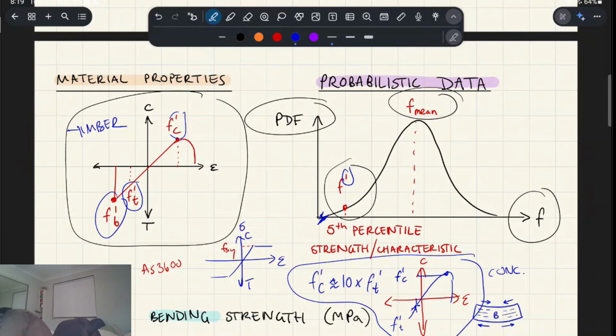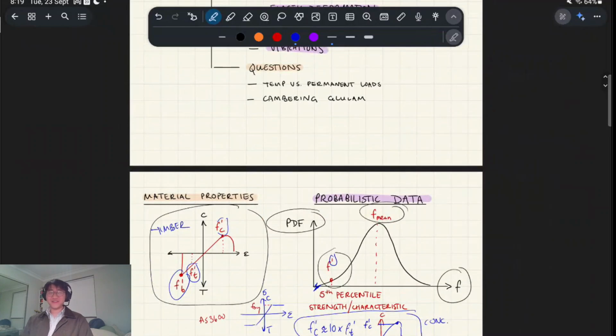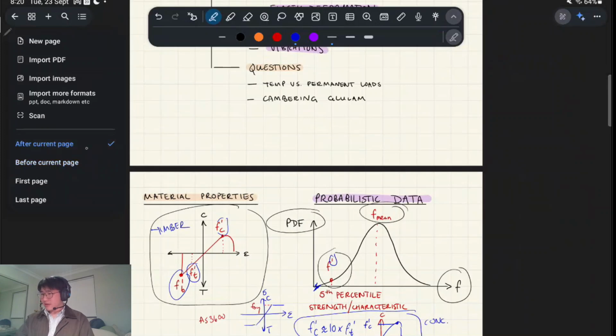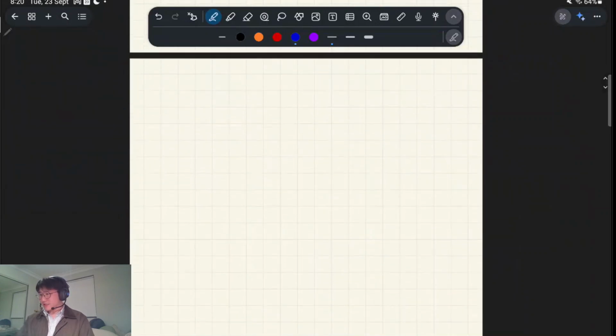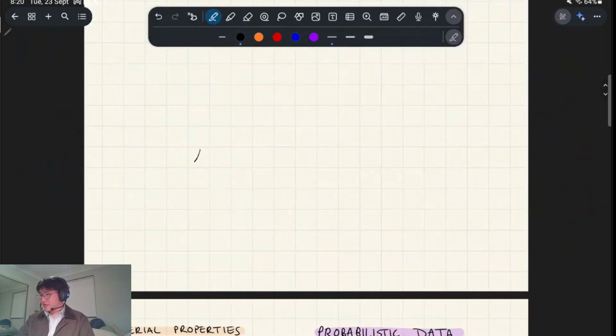I'm tailoring this whole talk almost to Nathaniel, who hasn't done steels or concrete. But for those of you who have done steels and concrete, you might still find this useful as a bit of a recap. From solid mechanics, you have engineer's beam theory, right?